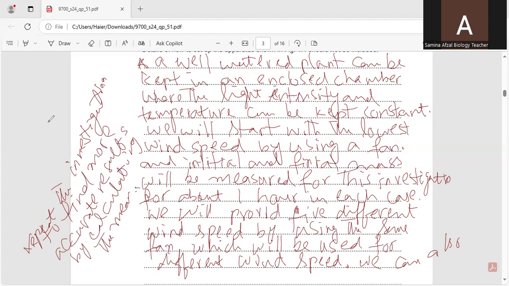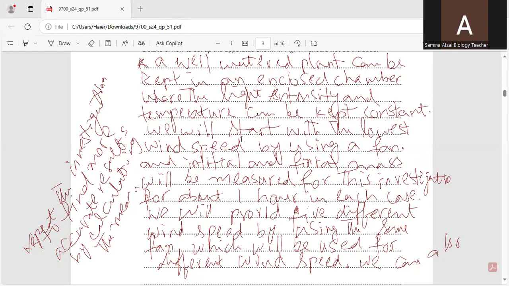And in this way we can have some hazard in this experiment. So we have to keep everything in a way that we can get accurate results. So it was all about this investigation.